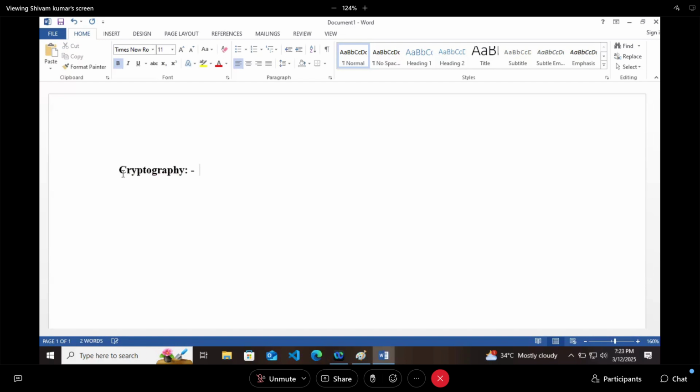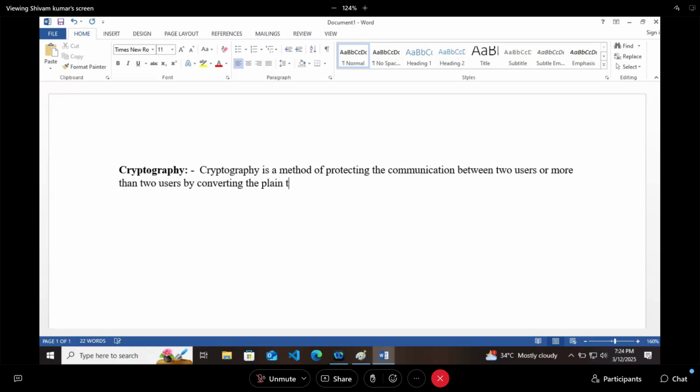So we will see that cryptography is a method of protecting the communication between two users, or more than two users, by converting the plain text into ciphertext, and vice versa.